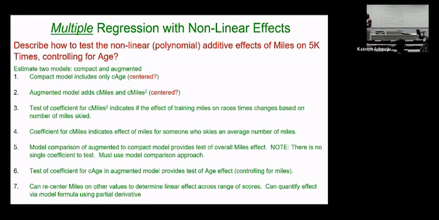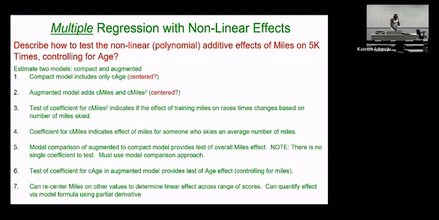The compact one only has age centered, and in the second one we add mice and mice squared. We're going to test the coefficient of mice squared to see whether we need a quadratic effect of mice.